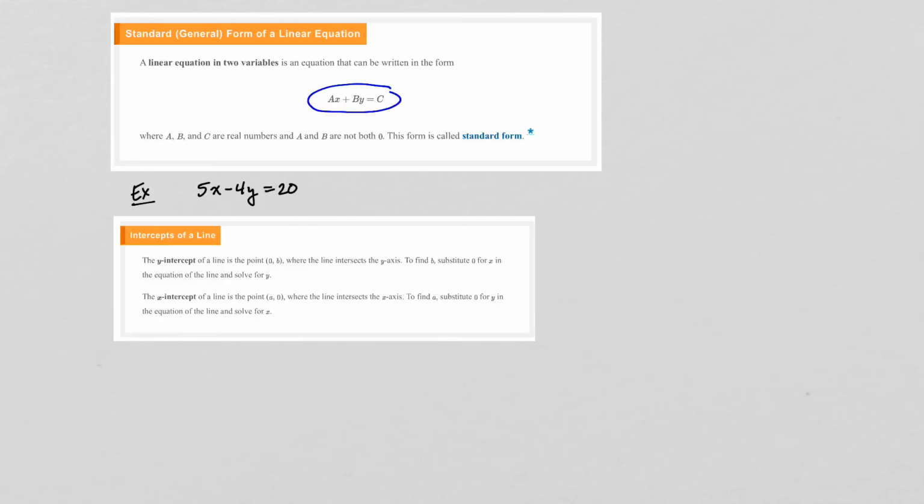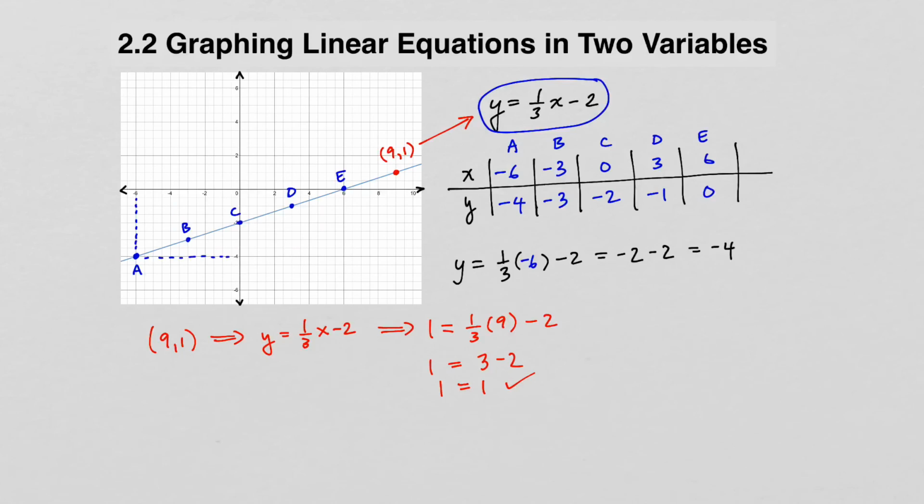Now, what's nice about standard form is that you can find the intercepts of the line. The y-intercept of the line is where it crosses the y-axis, and the x-intercept of the line is where it crosses the x-axis. If we go back to our previous example, you'll notice that the y-intercept for this line was here.